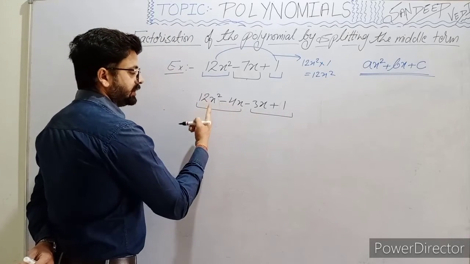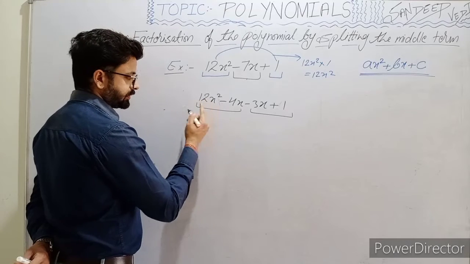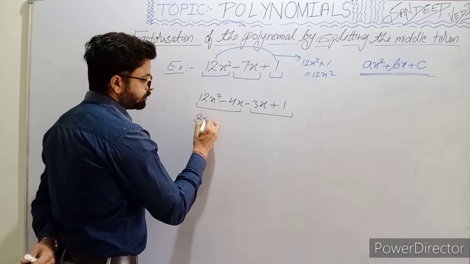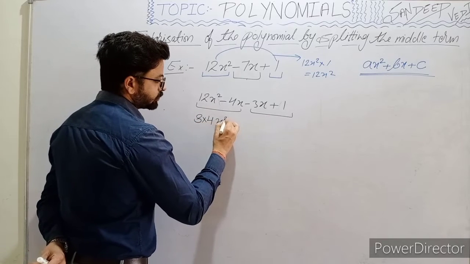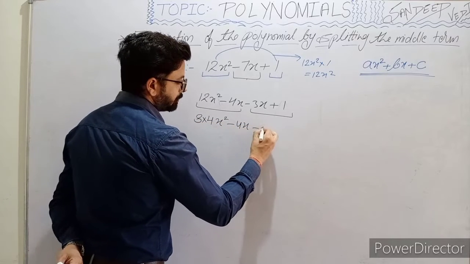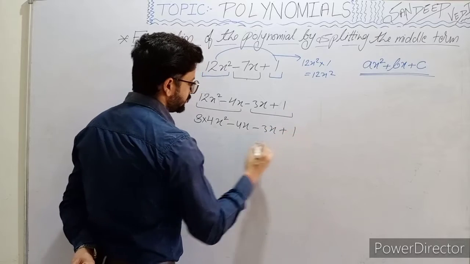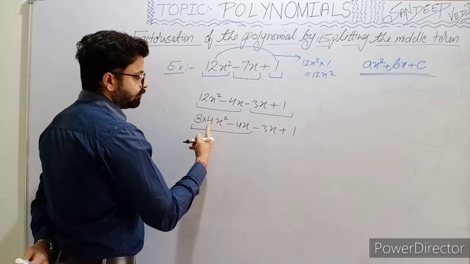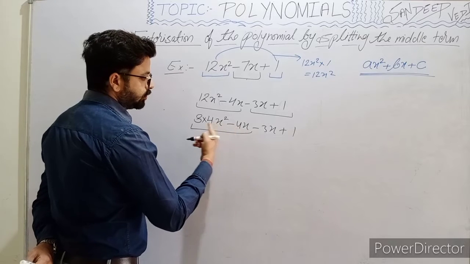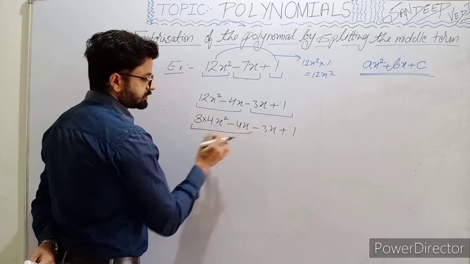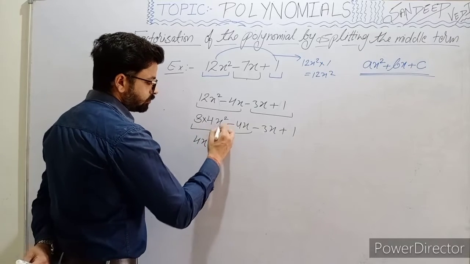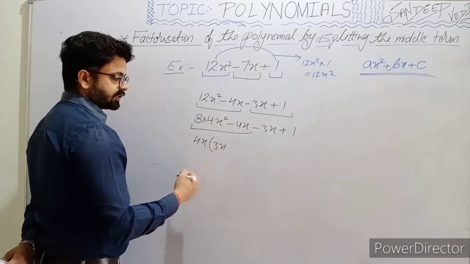Here this 12x square we can write as 4x square minus 4x minus 3x plus 1. Here you see guys, 4x is common in both the terms, so 3x is left and 1 is left.